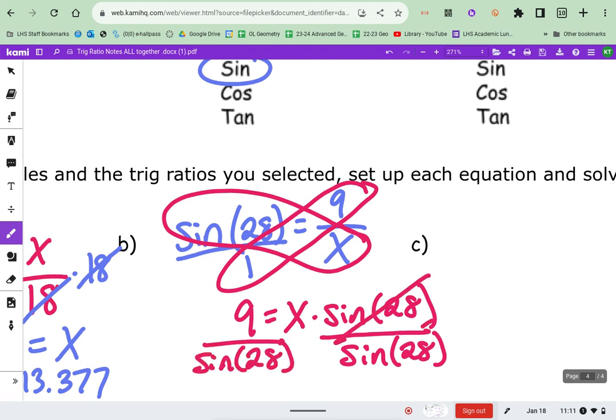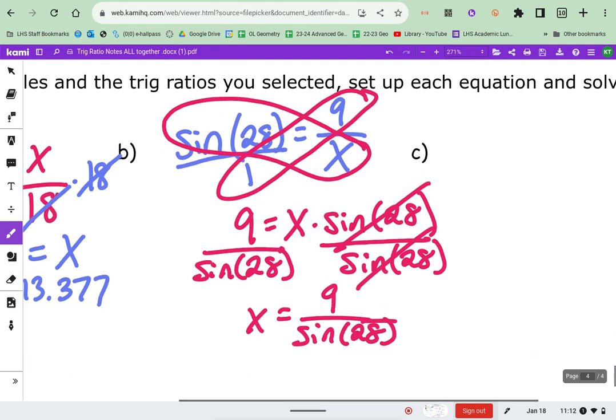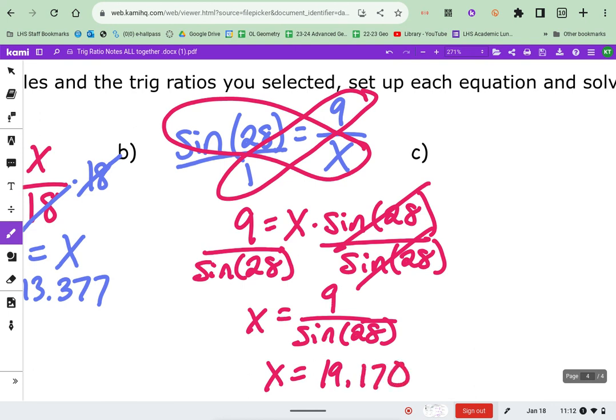So your sines of 28, those cancel out. And we're left with x equals 9 divided by sine of 28. And that's what we put in our calculator. So x is 19.170.